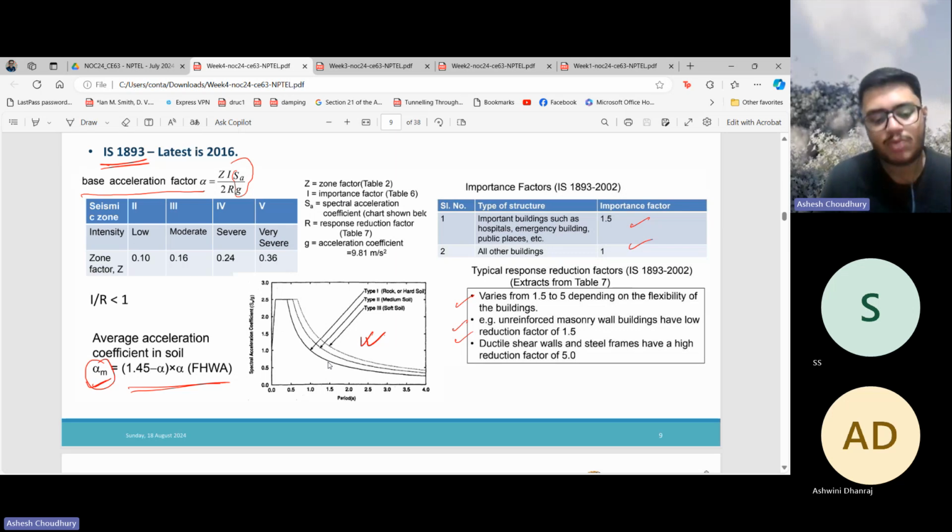So when the seismic shear waves travel from hard to soft, the shear wave velocity reduces, and due to that the magnitude increases. This is known as soft soil amplification. Due to that you can see that the spectral acceleration increases.